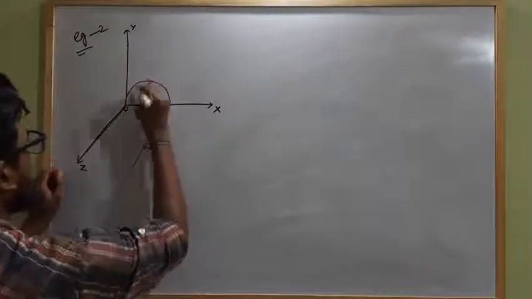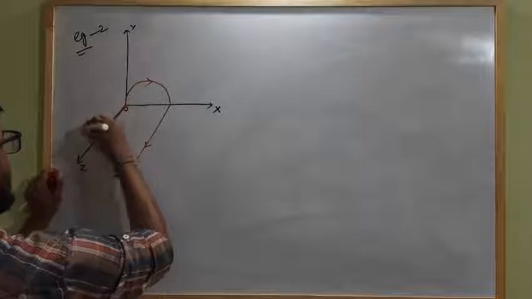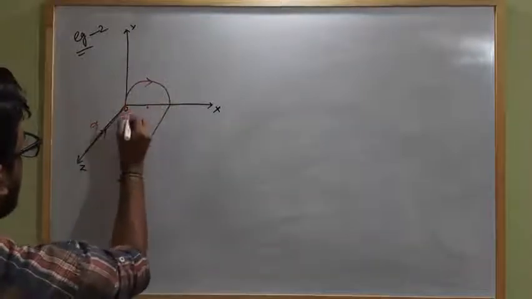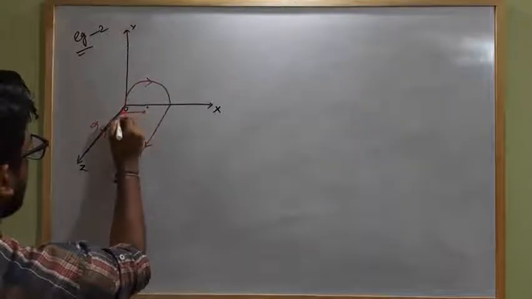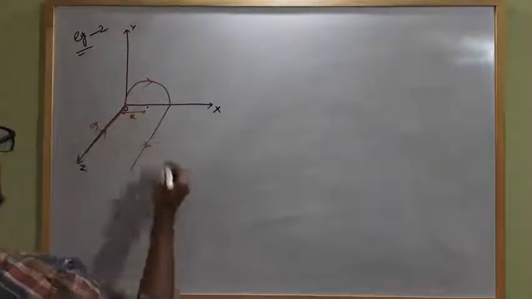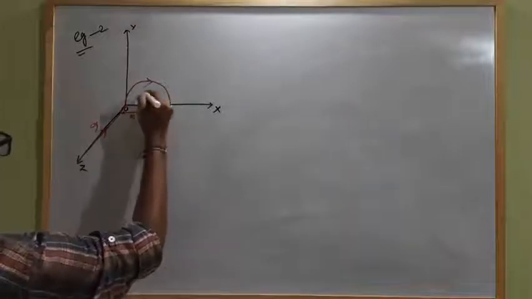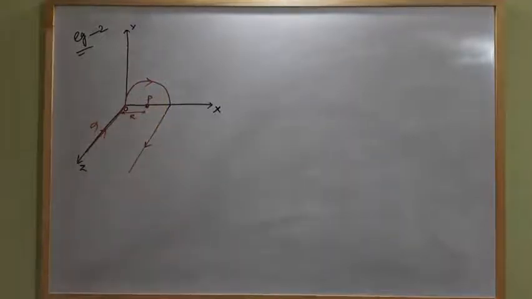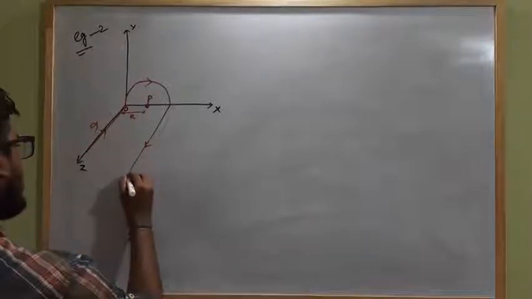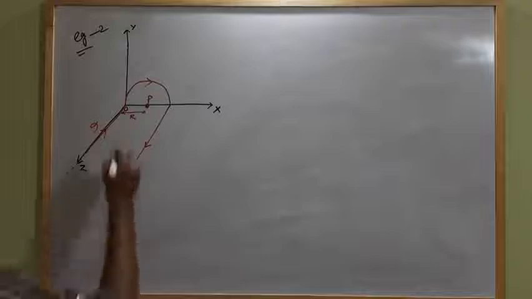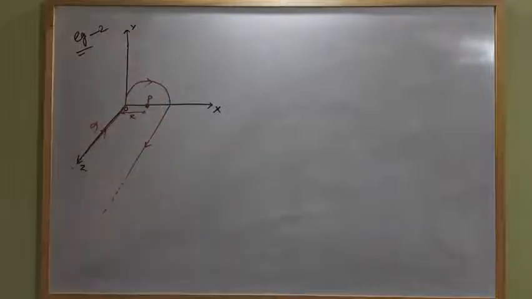Okay, current I is flowing through it. Here the radius is R. Okay, so now we have to find out the magnetic field strength due to this segment. It goes towards infinity. Okay, current I is flowing through this segment.